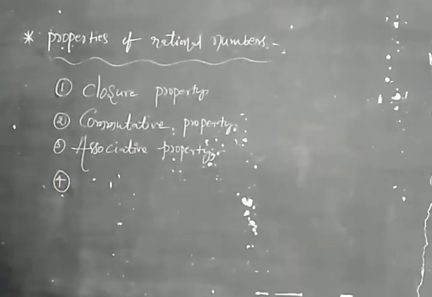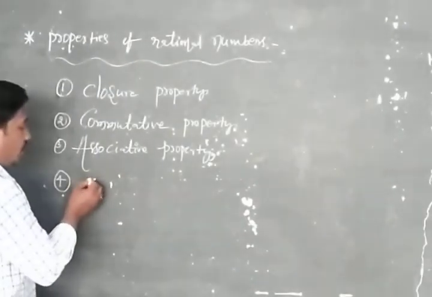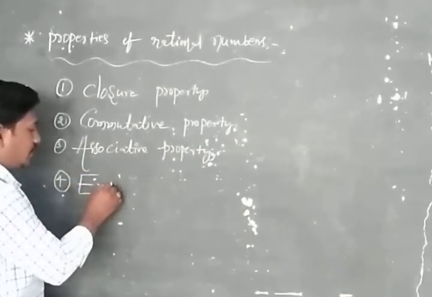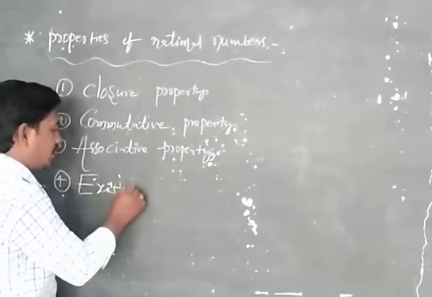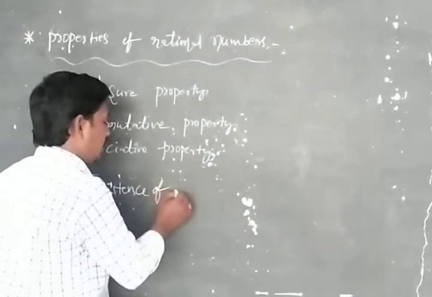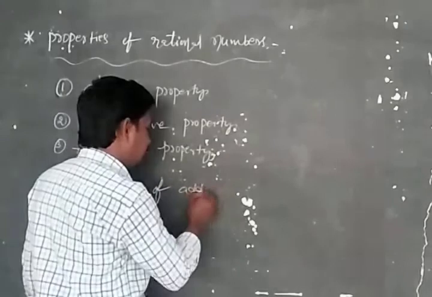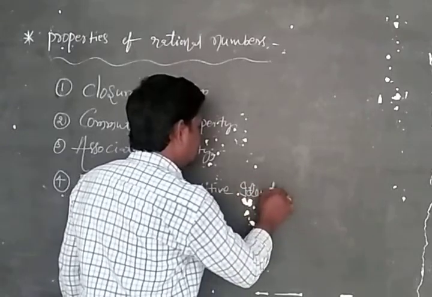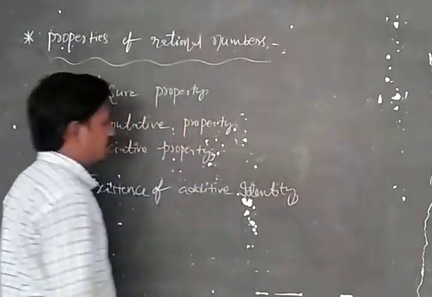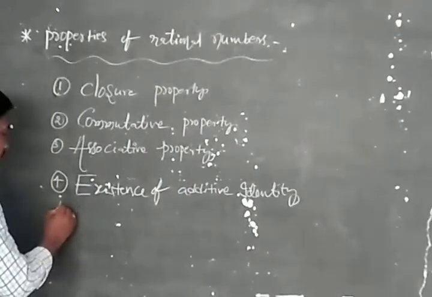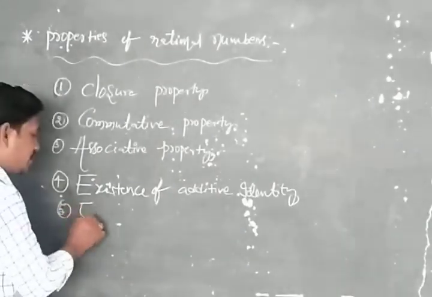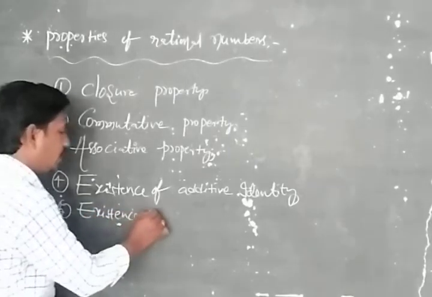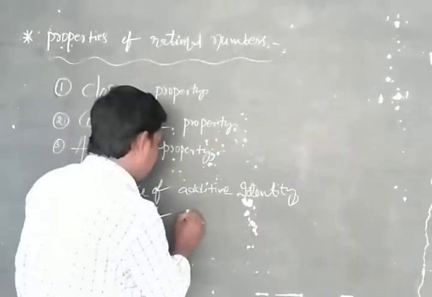And the next one, existence of additive identity, and existence of additive inverse.